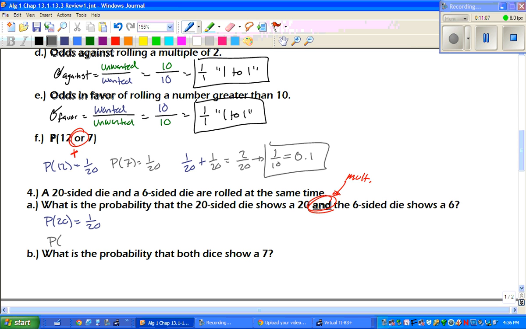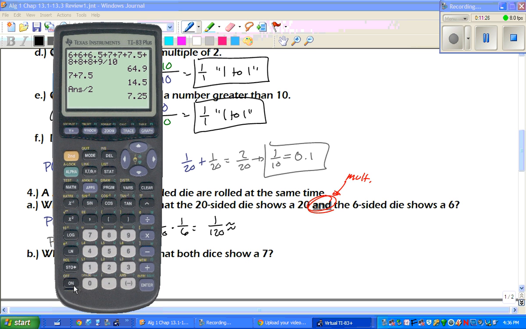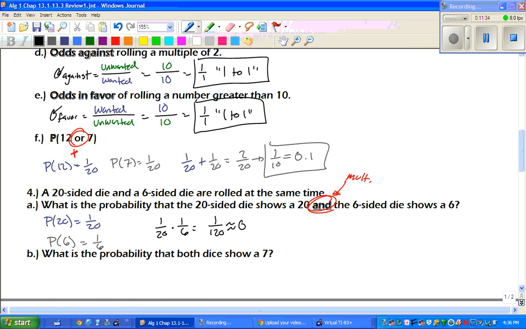But then the probability of a 6 on the other one is 1 out of 6. So we're going to take 1 out of 20 times 1 out of 6, and that is 1 out of 120. And you need to round that number. 0.008, so that tells us that we need to go up, so we get 0.01.